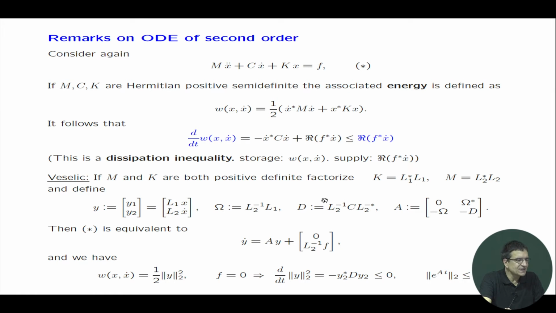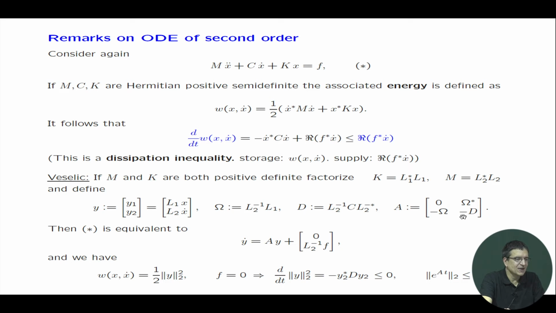So now you have this, and now you introduce new variables, not just displacement and velocity, but both of them multiplied with the L matrices. Then you make all these definitions here, and at the end you get a very nice matrix. It has a lot of structure. For instance, if you multiply the last row with minus identity, you get a Hermitian matrix.